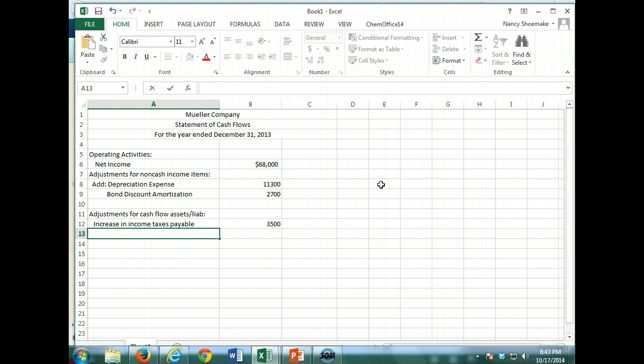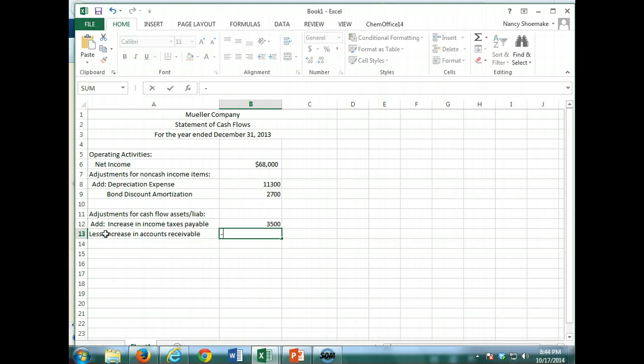Okay? So in this case, increase in income taxes payable, we're going to add $3,500. Then we've got, this is a less. This is an add. Less, if we have an increase in accounts receivable, remember it's up there in that net income figure, but we haven't gotten it yet.